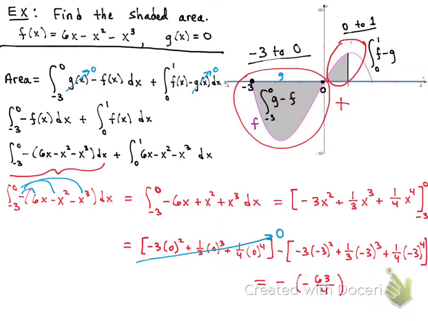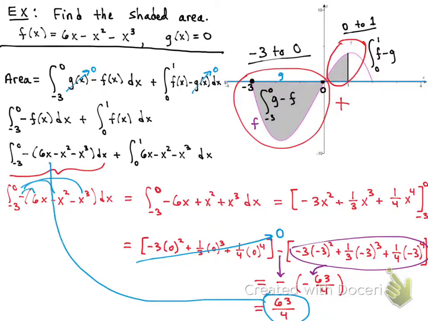So all of this right here is equal to negative 63/4. But then we still have this negative sign from the outside. So then together, we just get positive 63/4. So we can plug that value in for this integral right here.